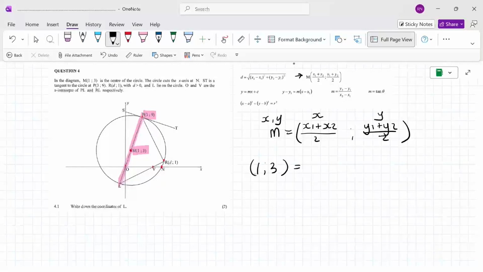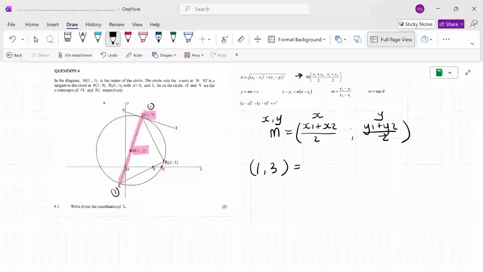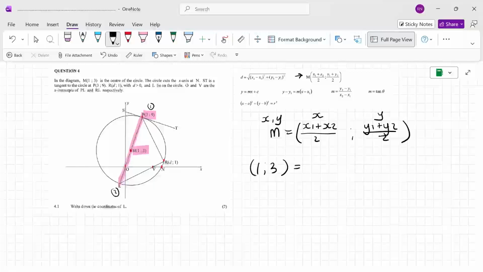And so if I look at this as point 1 and this as point 2, then my midpoint is going to be N, and I can substitute in the values that I know. So if I'm looking at P as x1, what is this going to be? 3 plus x2, which is what we're looking for on L, x and y, divided by 2, right?